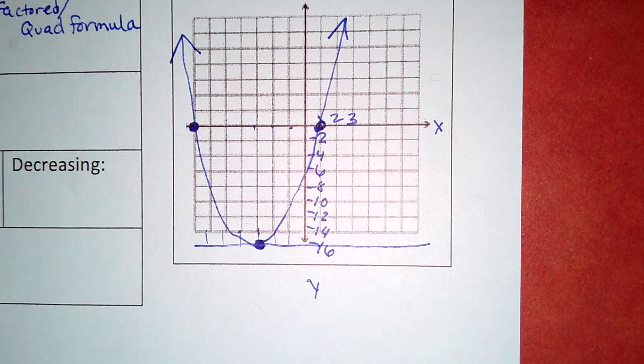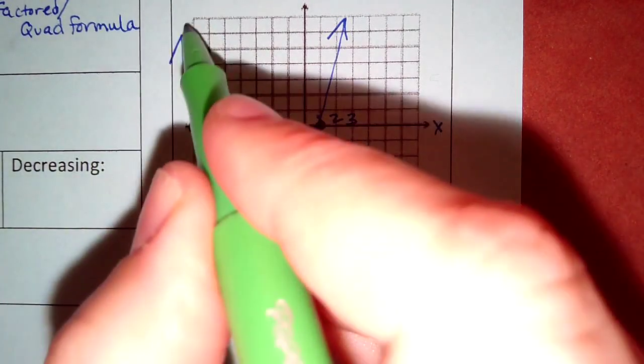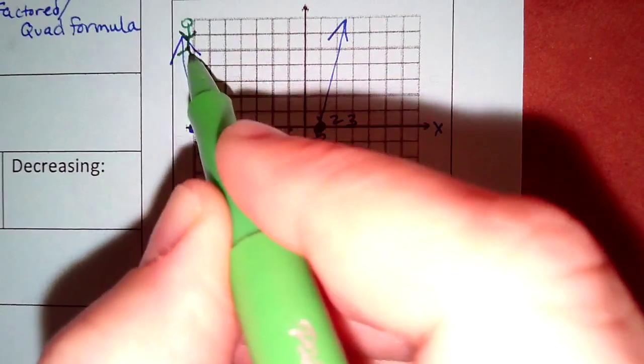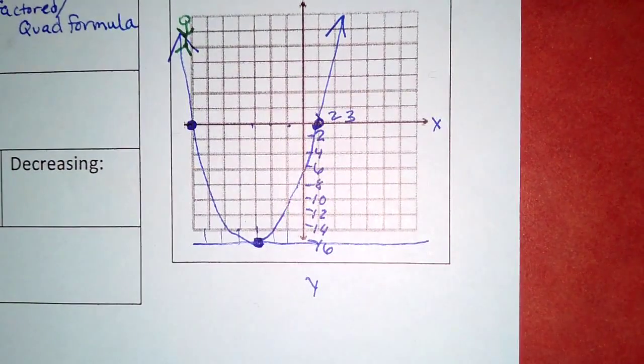What questions do you have about how I just graphed that? Okay, so let's find increasing or decreasing. Again, if I put this little guy right here, is he going to be sliding or climbing? Sliding. So he's decreasing to start with.